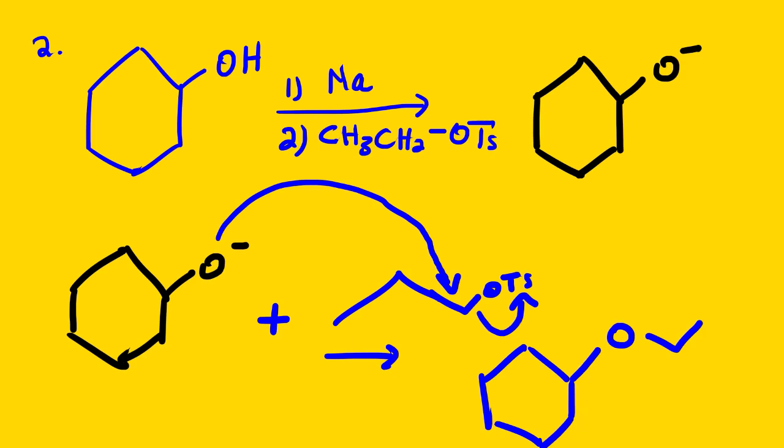We can say this is the parent chain, and this has to be our substituent, our branch. So it's ethoxycyclohexane. Let us do the next example.